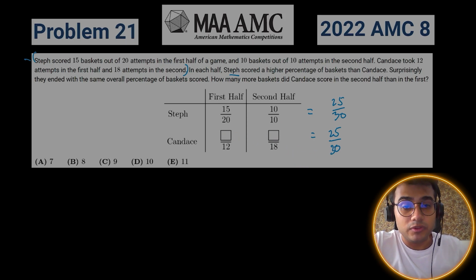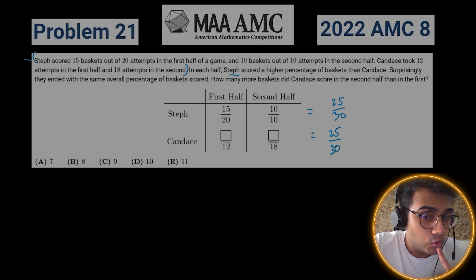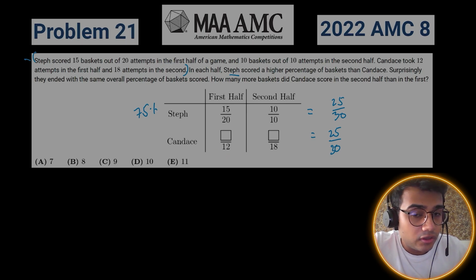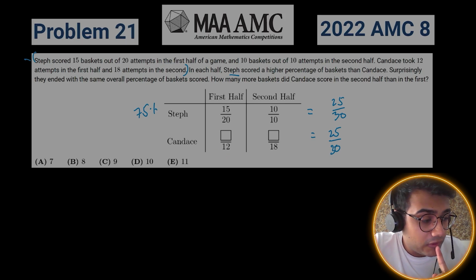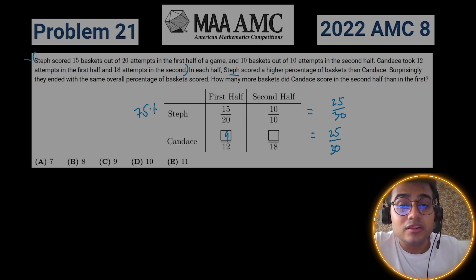That's what we know. Now, we also know that this percentage is higher, so 15 out of 20 is how much? It is 75%. And what is 75% of 12, or like 3/4 of 12? That would be 9. So this has to be less than 9. Okay, let's say it is 8.